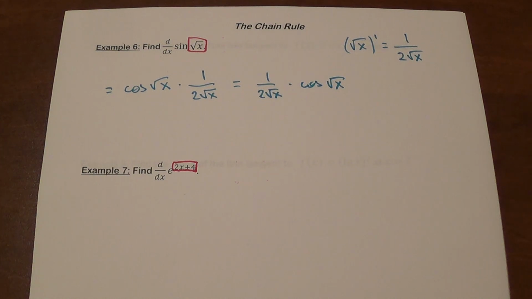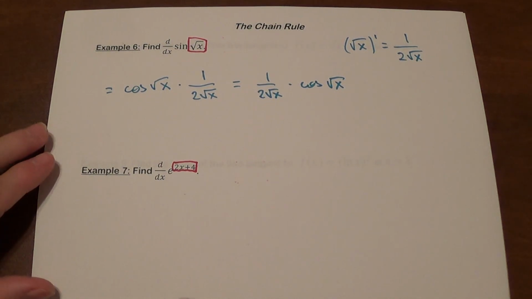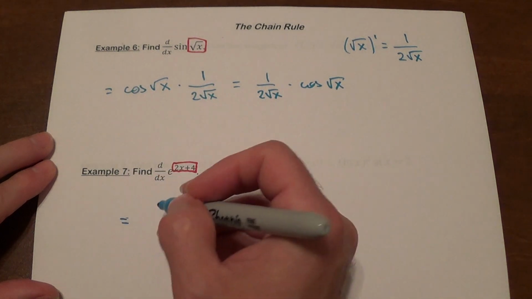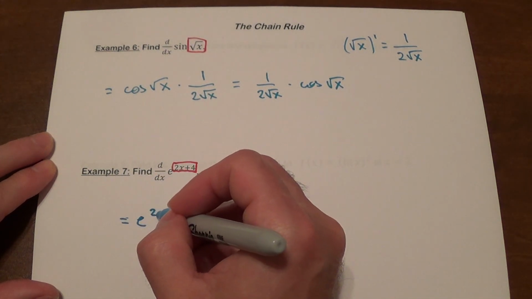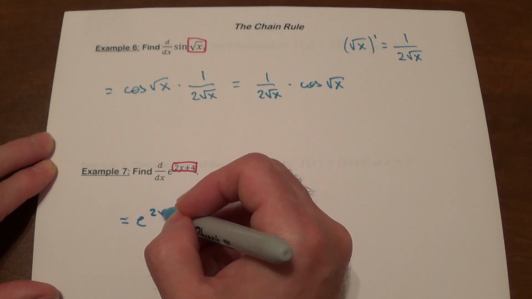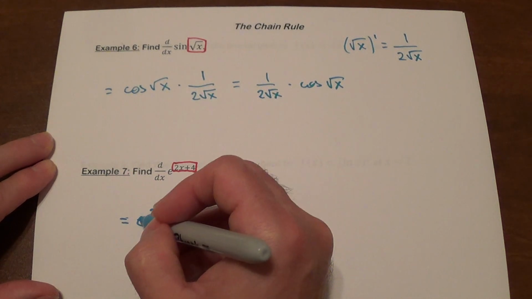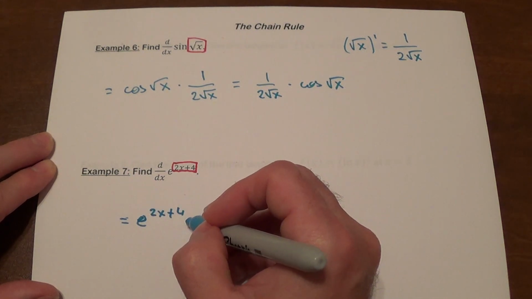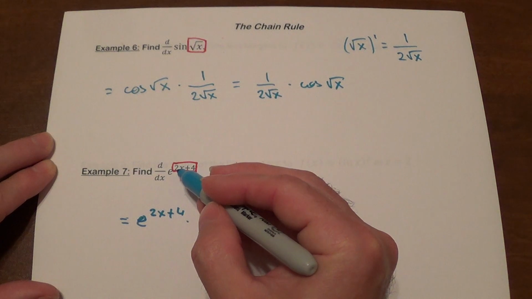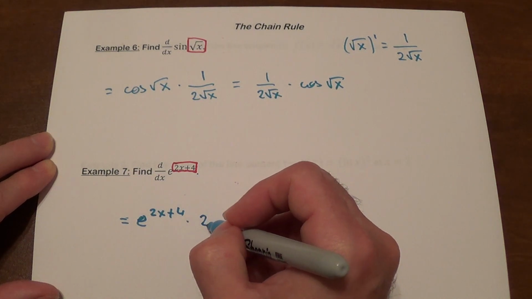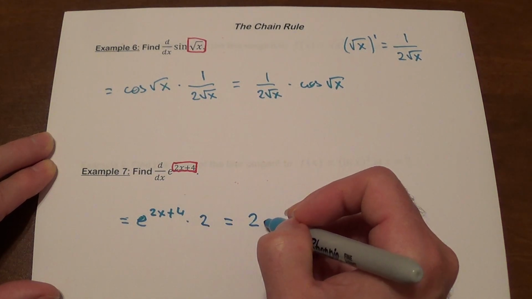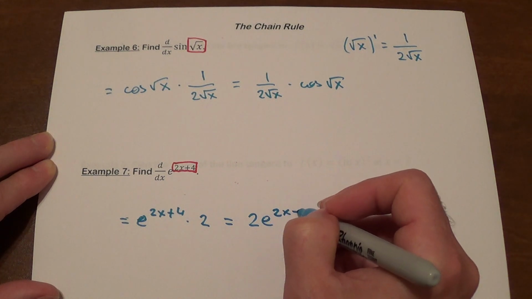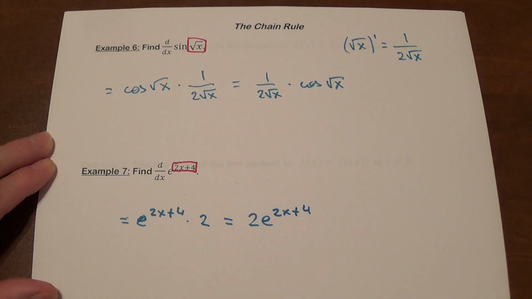When you differentiate e to the power, well, e to the x is e to the x when you differentiate that. So it's going to be e to the power 2x plus 4 times, and now we need to take the derivative of 2x plus 4, that is 2. And our answer is 2e to the power 2x plus 4.